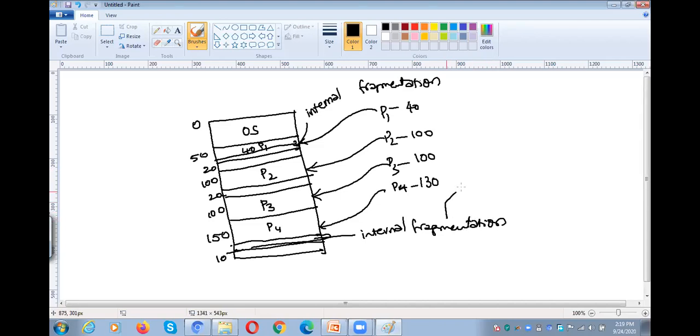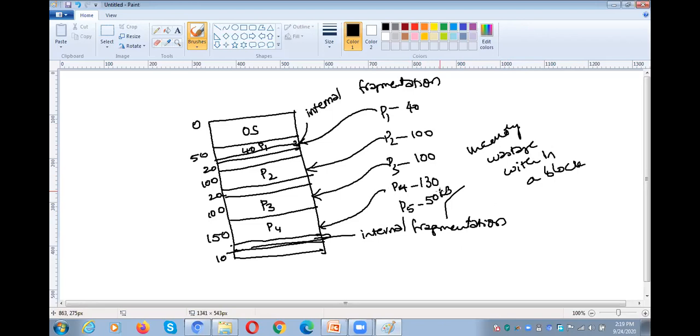Okay, what is internal fragmentation? Memory wastage within a block, or otherwise, unused memory within a block. So suddenly there is a process of 50 KB that would like to come into the main memory.